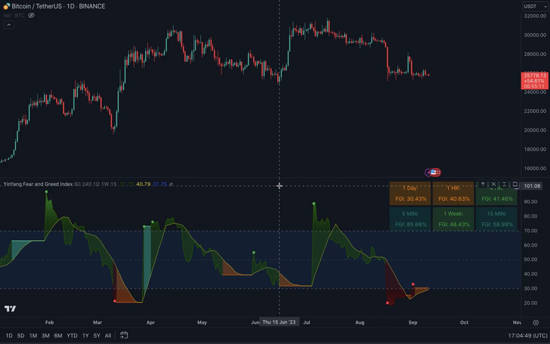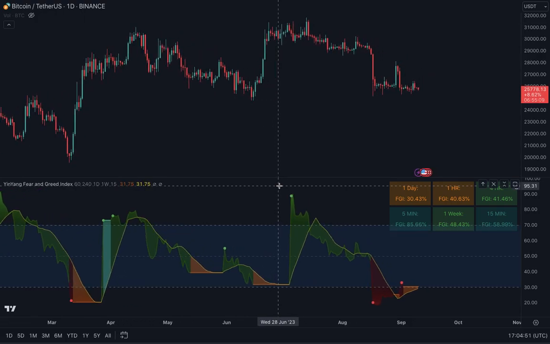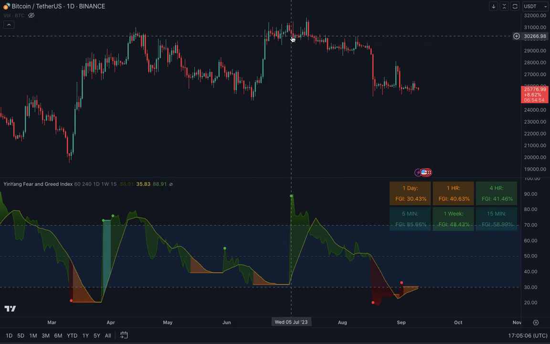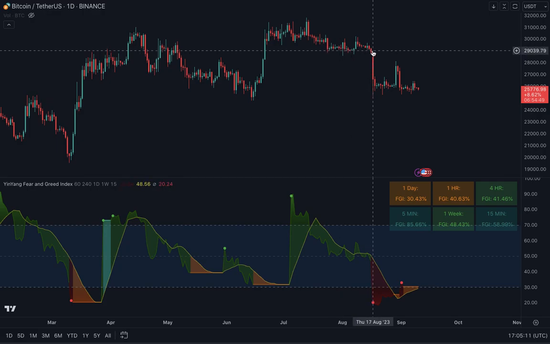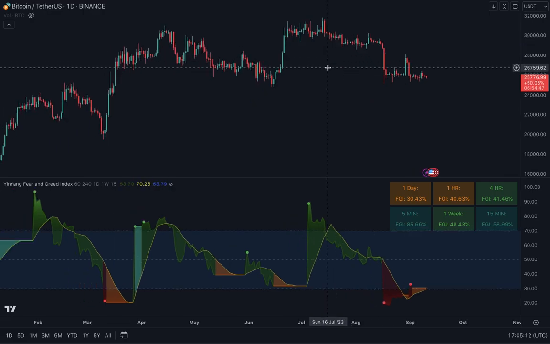Its levels are important, but the most important part is when the actual signals appear for high levels of greed or fear, and they are based on individual candles. This candle here showed high levels of greed, likewise with this one here. This one here was a high level of fear, and so on.